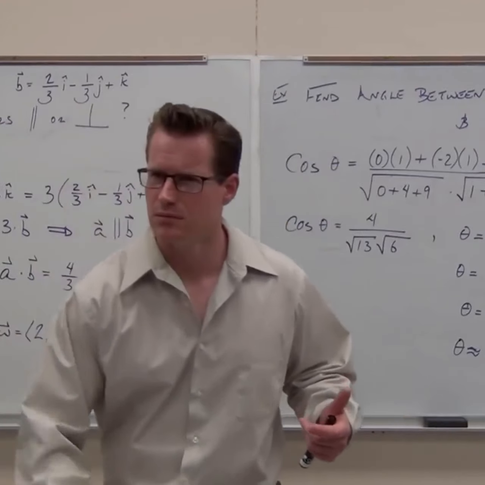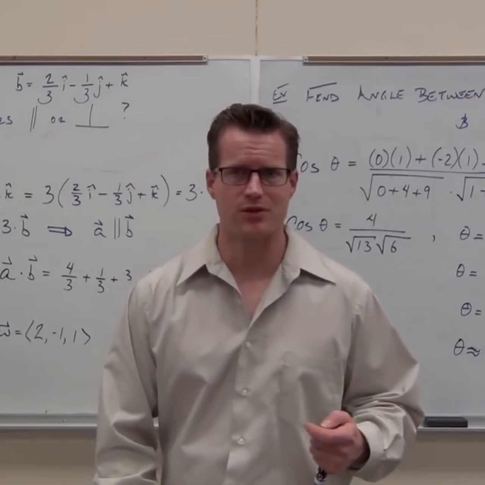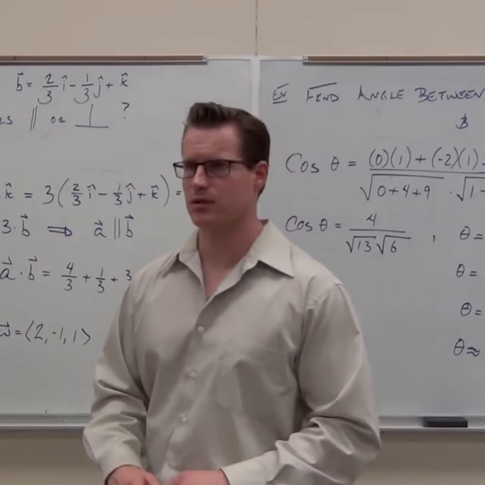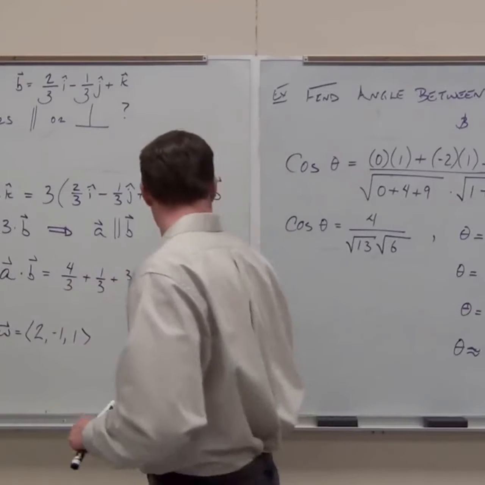What's the shortcut? We just asked for it a little while ago. How do you check whether 2 vectors are orthogonal? Do the dot product. If it's 0, they are. If it's not 0, they're not.